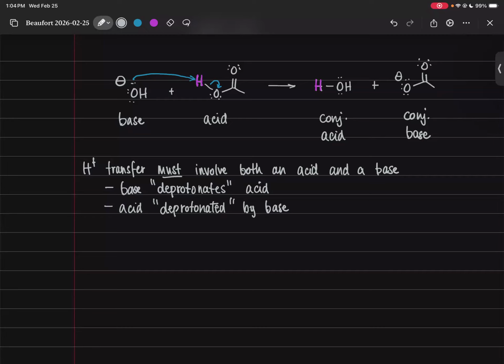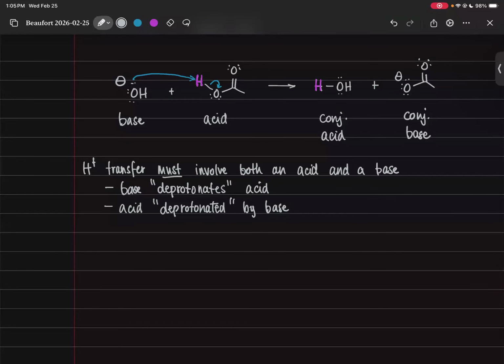If you're a bit of an English nerd, you'll notice that in both of these phrases, the active subject of the phrase is the base. The base is doing the deprotonating in both cases. You can translate that into the arrows: the arrows always start at the base.